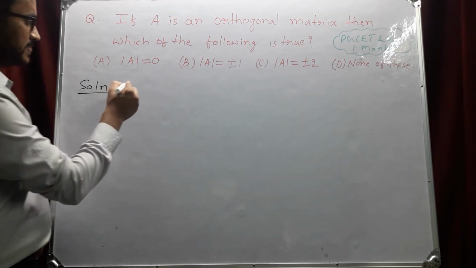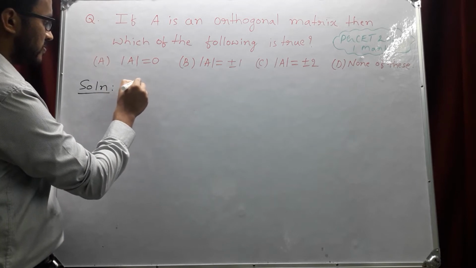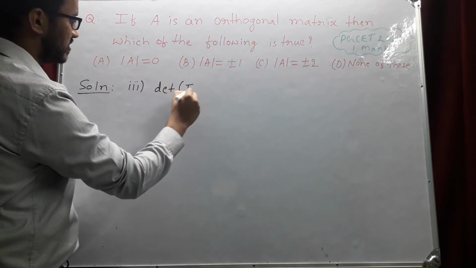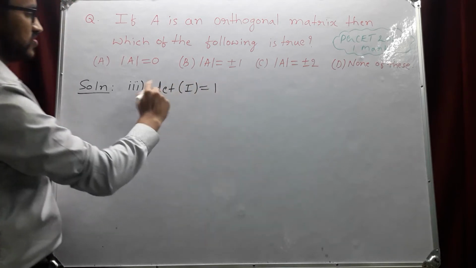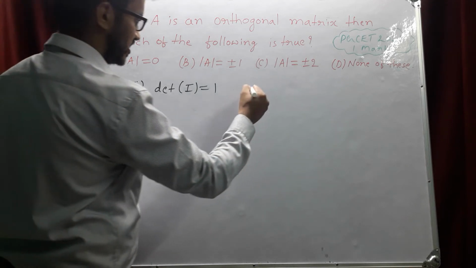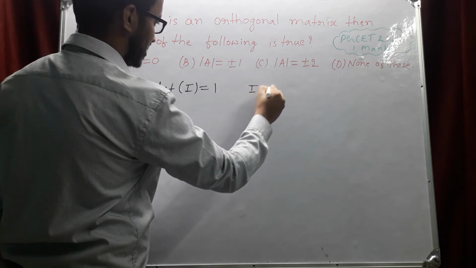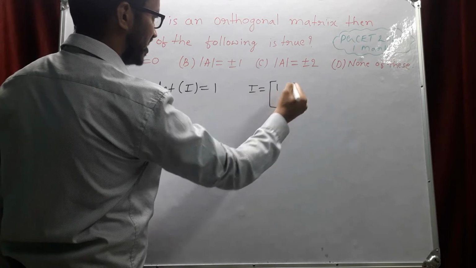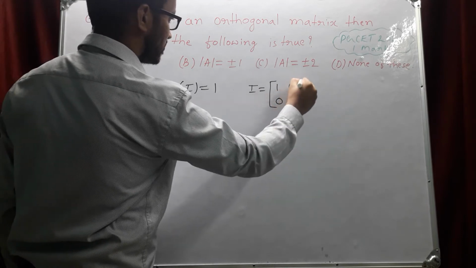Third property: determinant of the identity matrix is 1. If I is the identity matrix of any order, its determinant is 1. Suppose you consider the identity matrix of order 2, it is of the form 1 0 0 1.